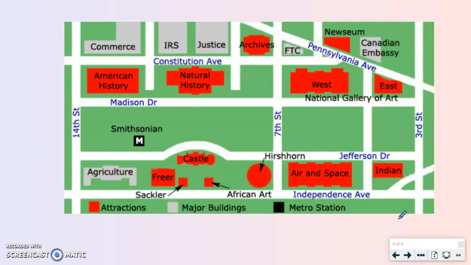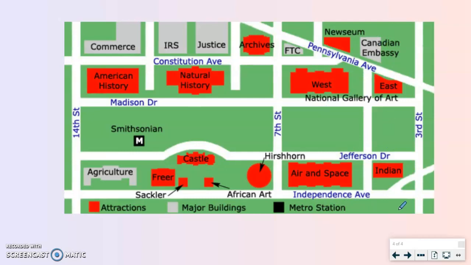If you've ever looked at a city map, you probably notice a lot of parallel and perpendicular lines. And here's a map I found. It looks like it's part of Washington, D.C., because we have the Smithsonian, the Natural History Museum, Constitution Avenue, the embassy over here. Pretty sure this is Washington, D.C.